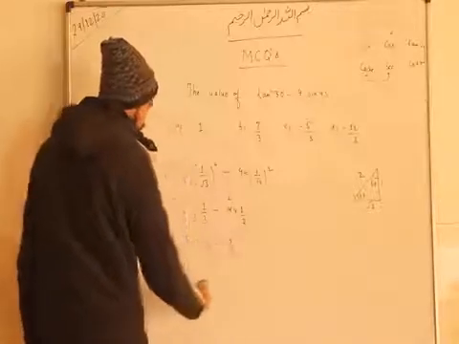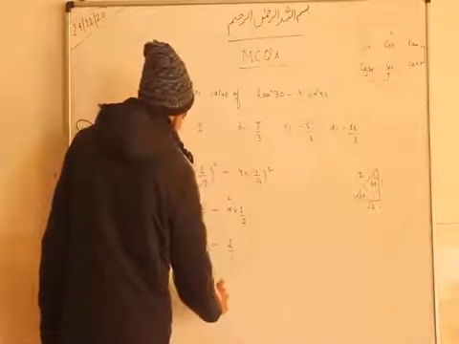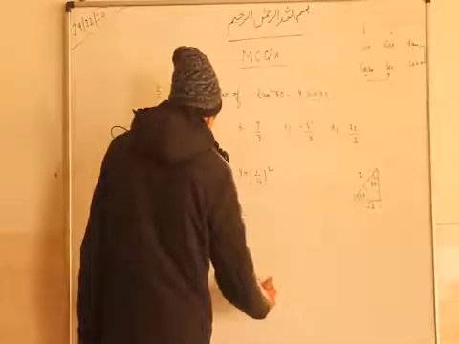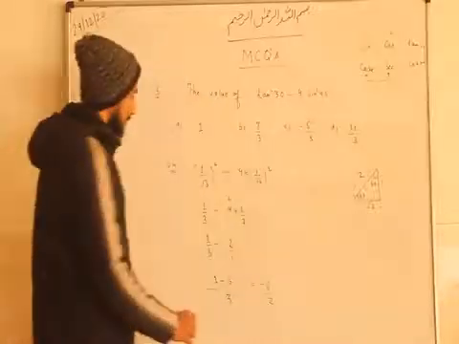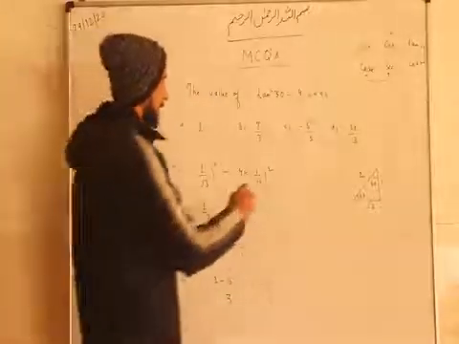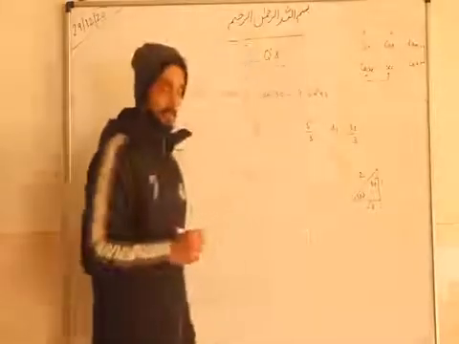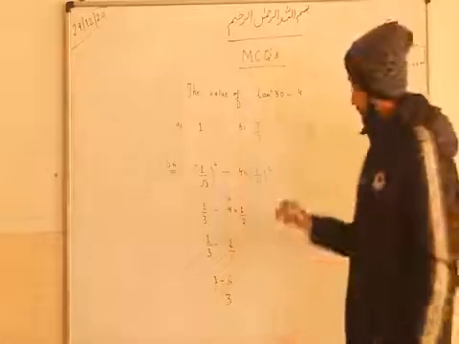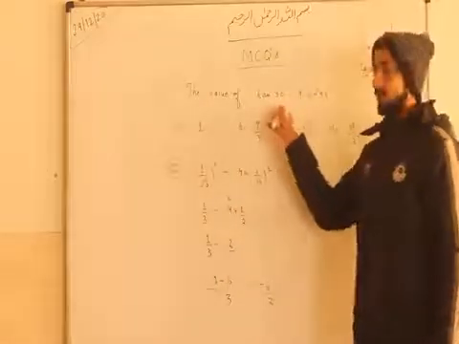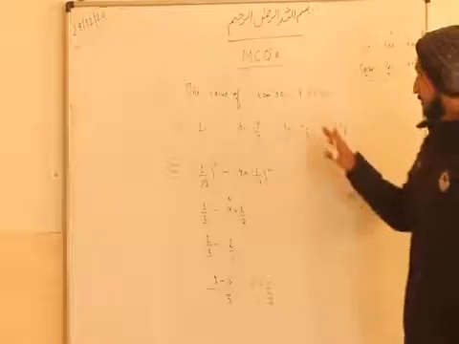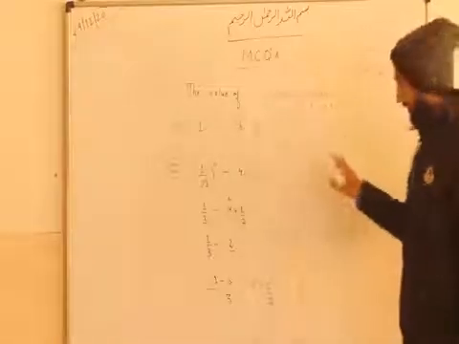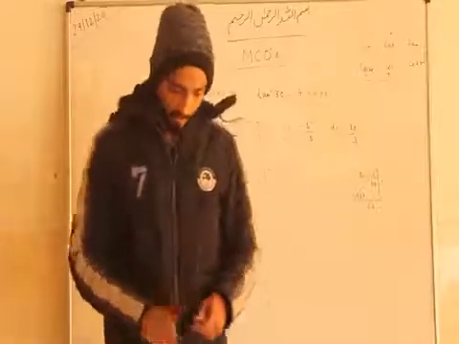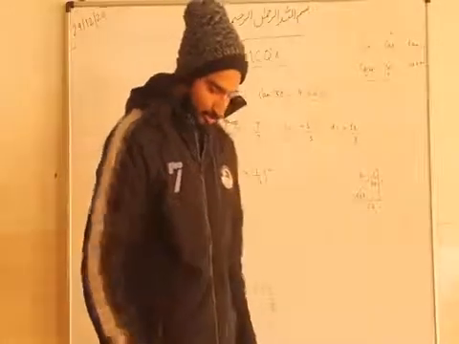We can take LCM 3, so 1 minus 2 threes is 6, so this is minus 5 by 3. So option C is correct. Here also we just directly put the values of standard angles. Sometimes we have confusion, so we can draw a triangle and see the values. Now see question number 4.